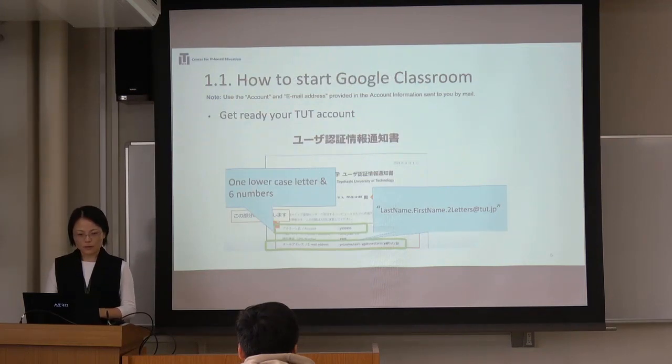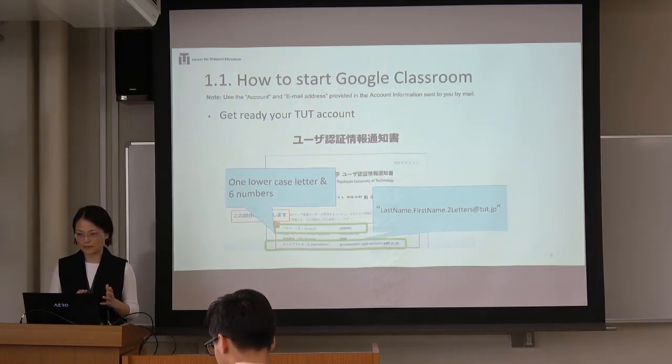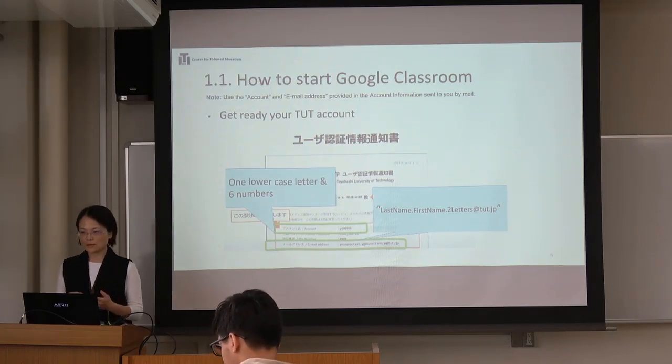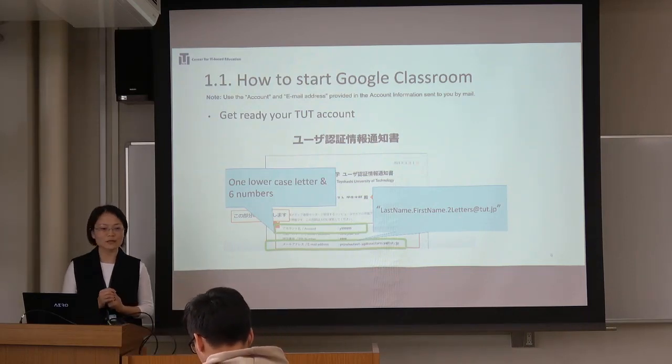So, did you receive your TOT email account already? Well, yeah. So it's a letter we sent to you. That you can use as basically your campus ID, right? You can access all kinds of things.